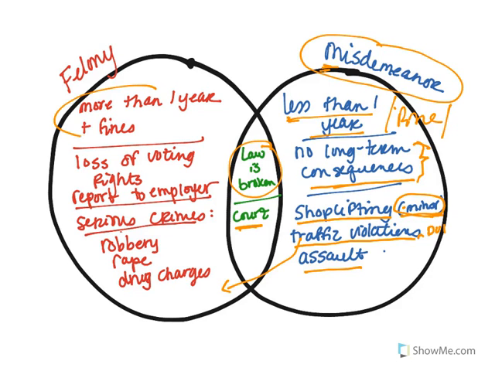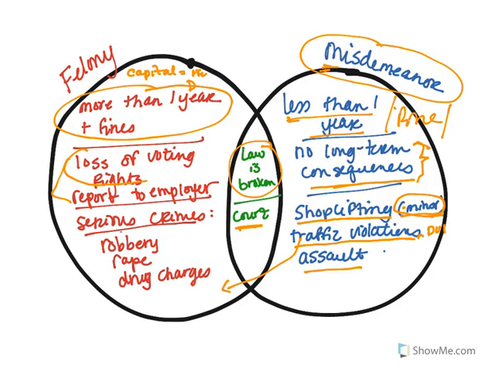However, felonies are definitely more than 1 year in prison, plus a fine or more fines. There can also be capital felonies, and these are the ones where you could actually receive life in prison or the death penalty. When you're charged with a felony, it is going to affect you long term.